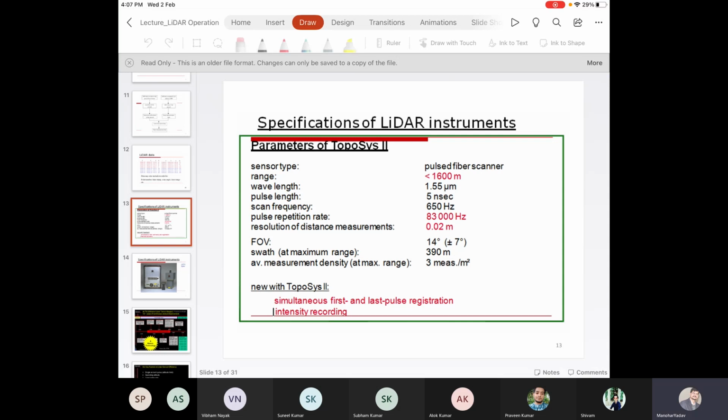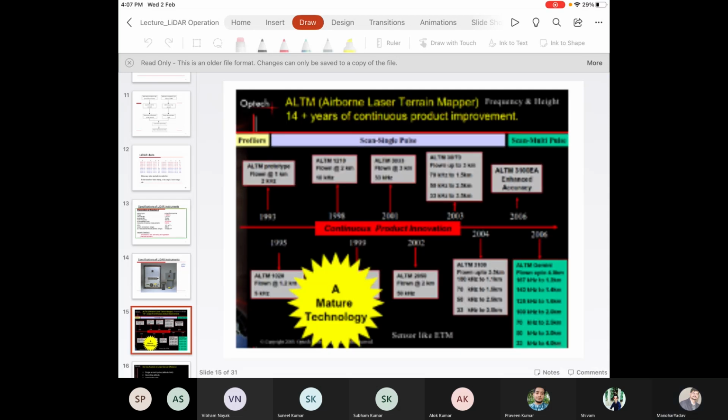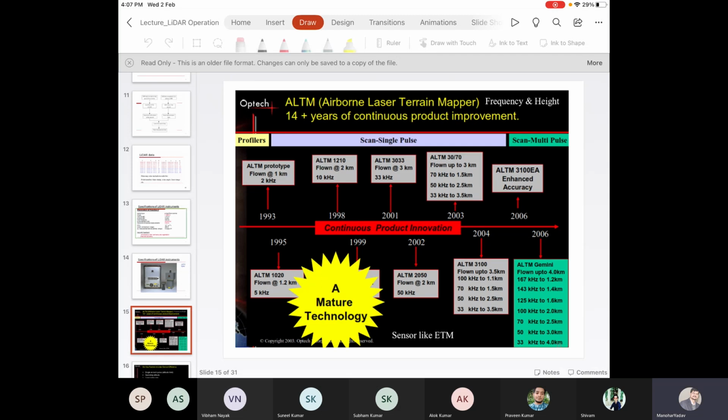So it is 3 measurements per meter square. Now, with respect to the time frame, starting from 1993, you can see how, with the change in technology, the internal parameters improved.